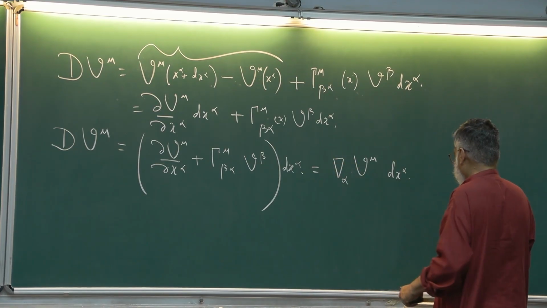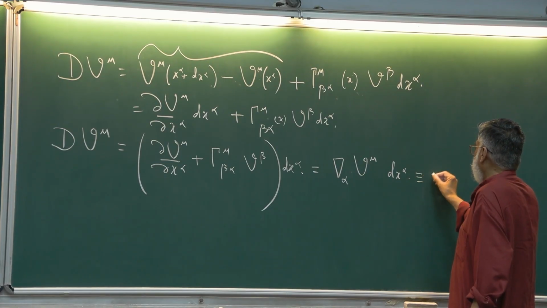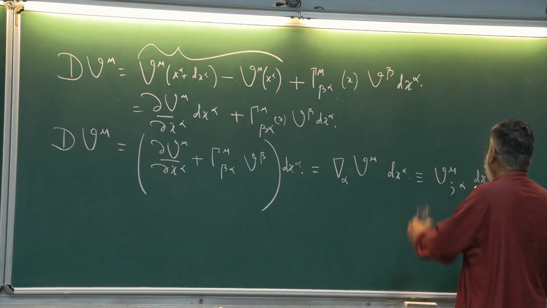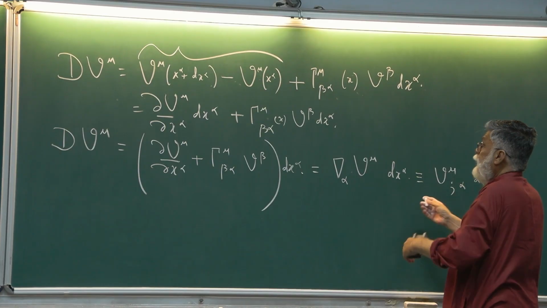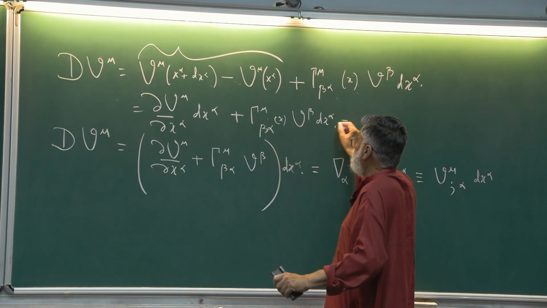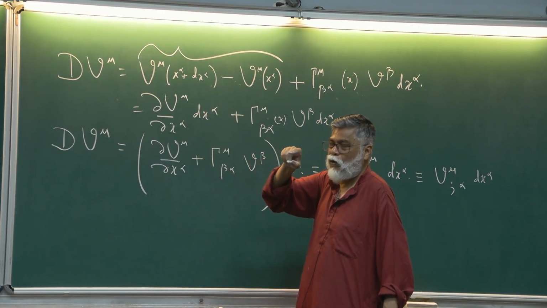Sometimes in certain books, Landau-Lifshitz books, this is the same as v mu semicolon alpha dx alpha. This is a covariant derivative with respect to alpha, and in the standard books, del v mu by del x alpha is written as v mu comma alpha.